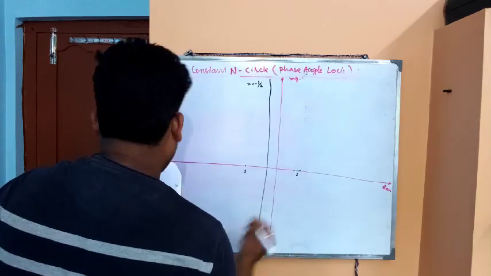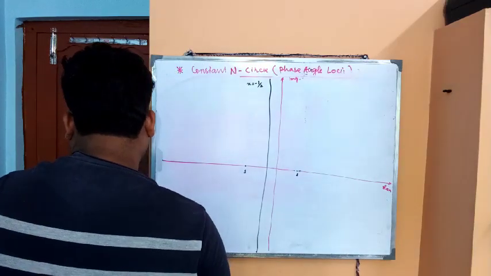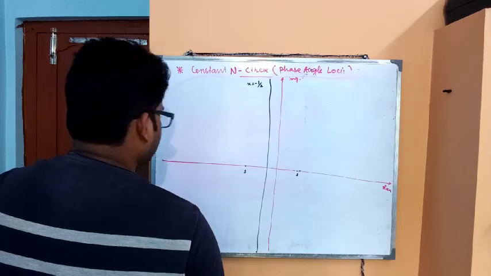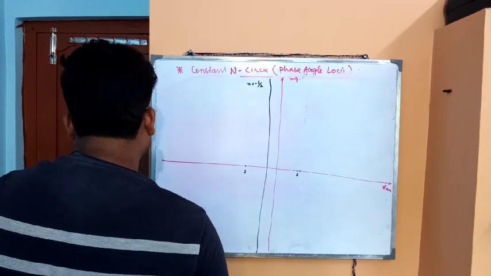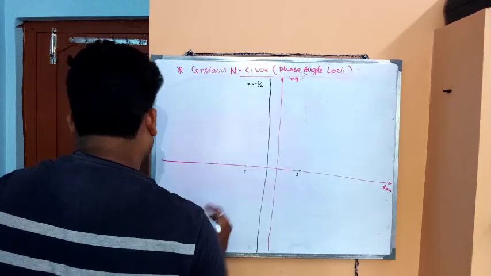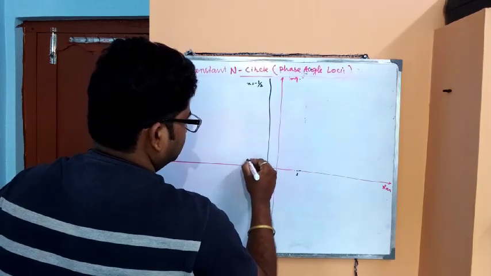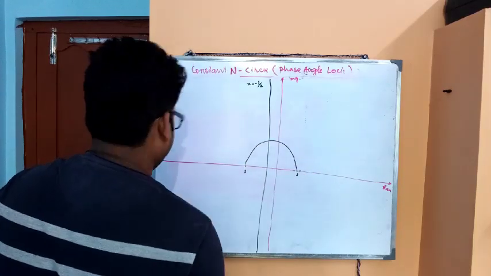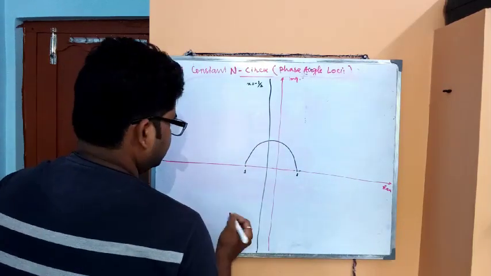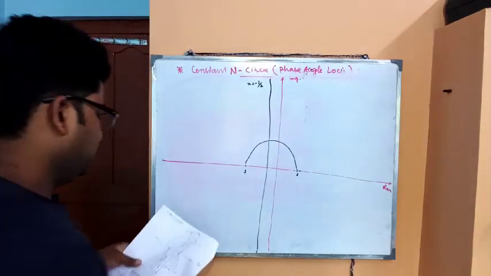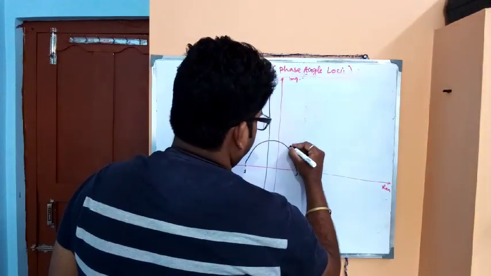So now for plus 60 degree the circle will look like this.